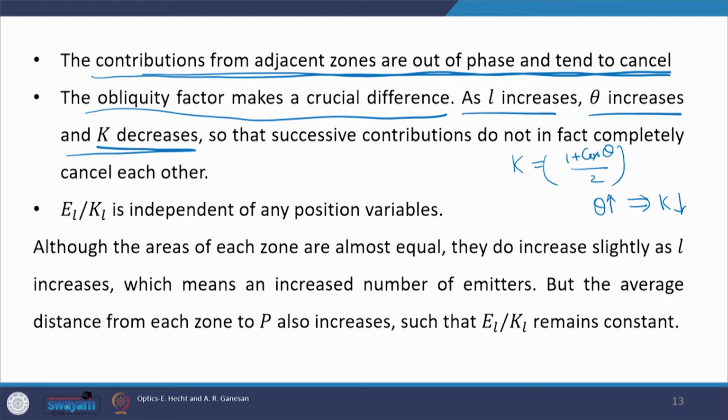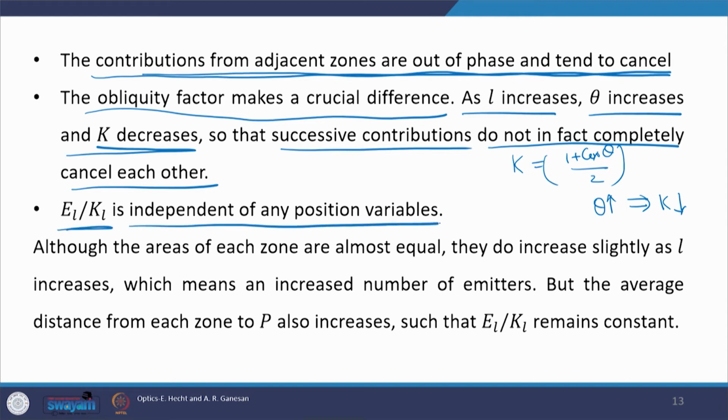And therefore, the successive contributions do not in fact completely cancel each other. The contributions weaken as you increase L, but this ratio E L by K L is independent of any position variables. Why?